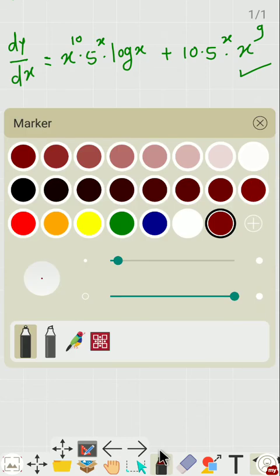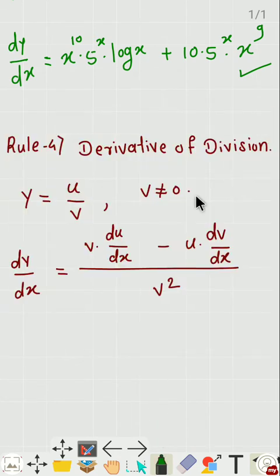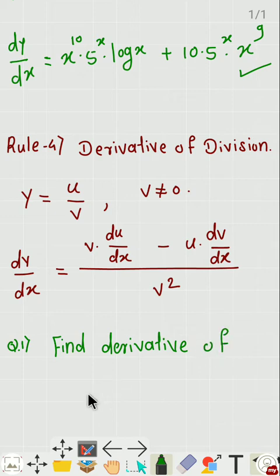Okay, so based on this, let us write question number 1. Find the derivative of function y is equal to, let's take a function x raised to 5 upon e raised to the power x.